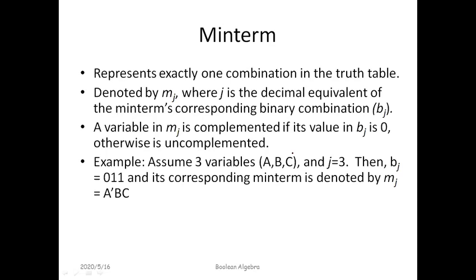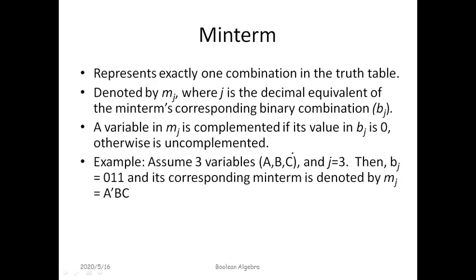So whenever a 0 appears on the input part, it has to be complemented. Otherwise, if it is a 1, it shouldn't be complemented. For instance, let's assume three variables a, b, and c, and that j is equal to 3.